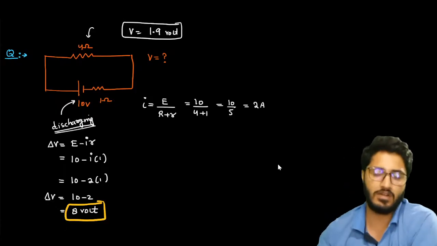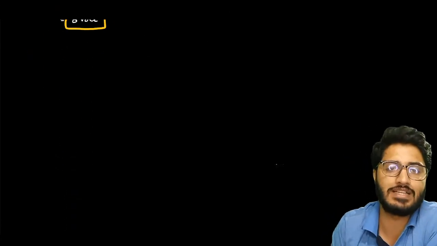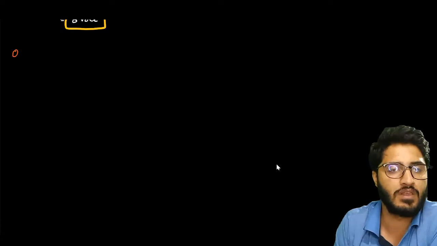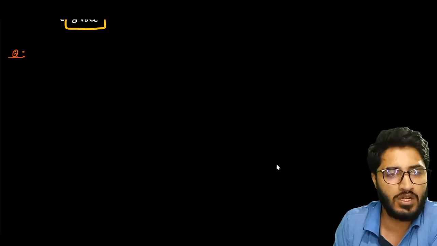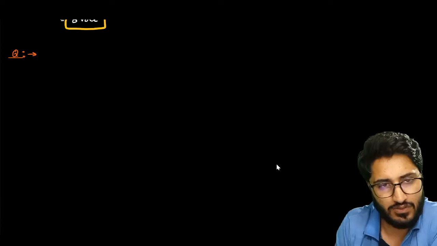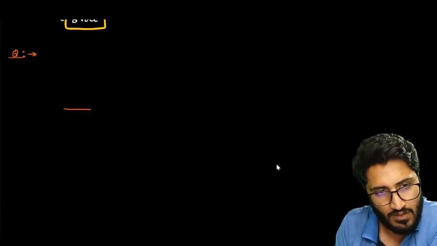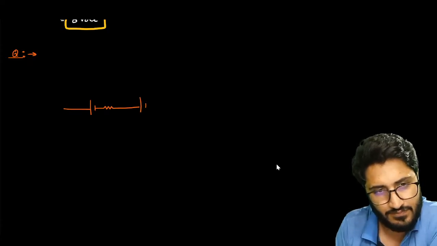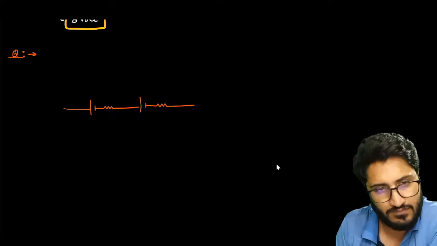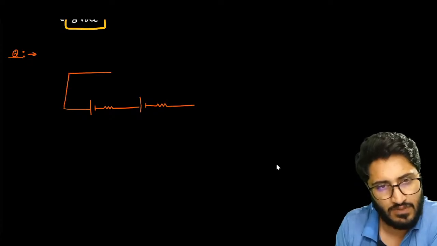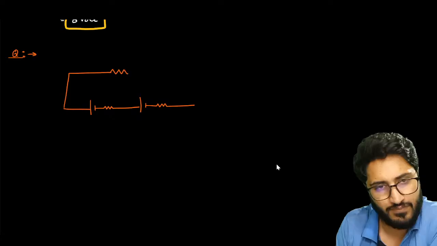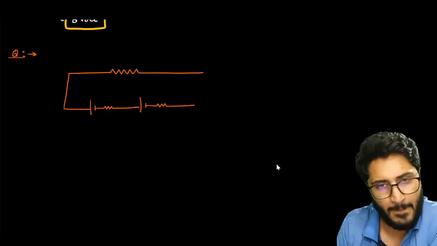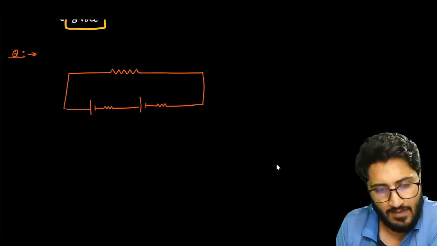Okay. One numerical from your NEET. So we will discuss the NEET PYQ. We are having a system like this. Look now. We are having two cells. These are my two cells with the same value.